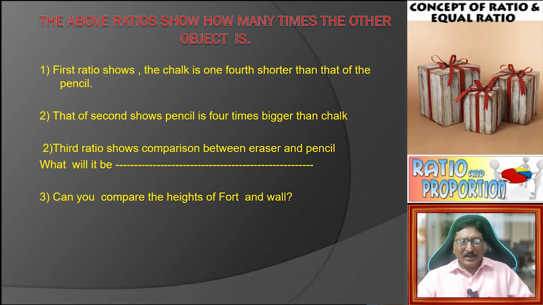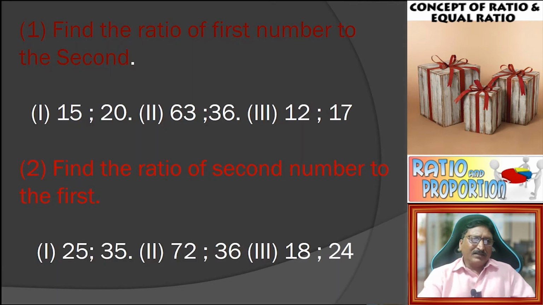Can you compare the height of a board and a wall? Similarly, you can find the comparison with the help of ratios. You have some examples here. You have to find the values or reduced form of the given ratios. 15 and 20: you have to find the ratio of the first number to the second number.